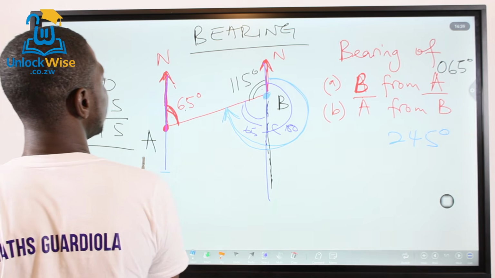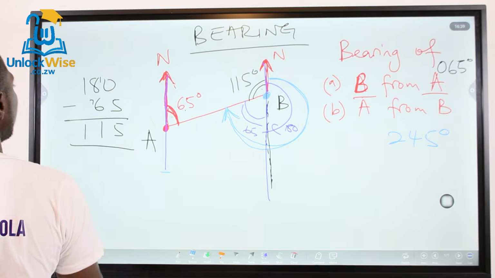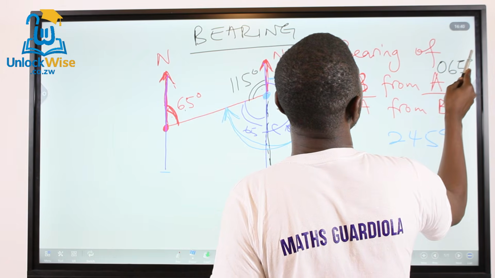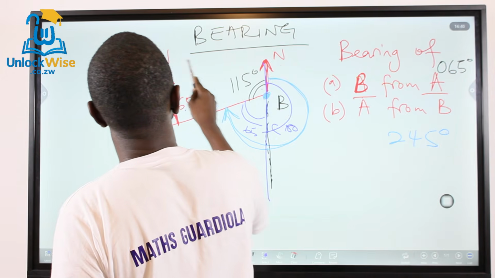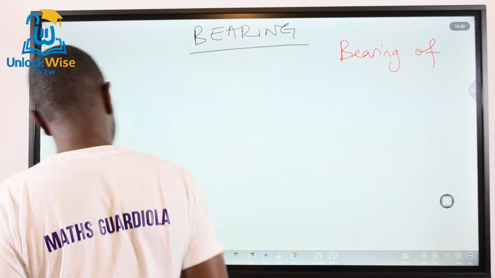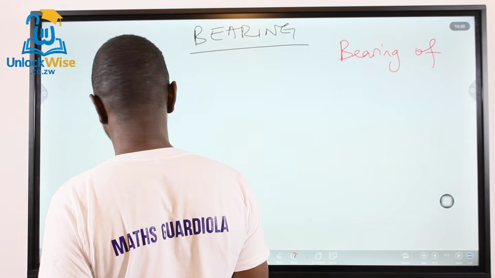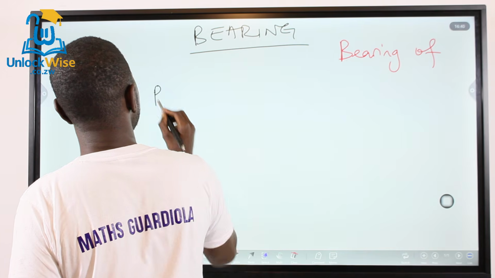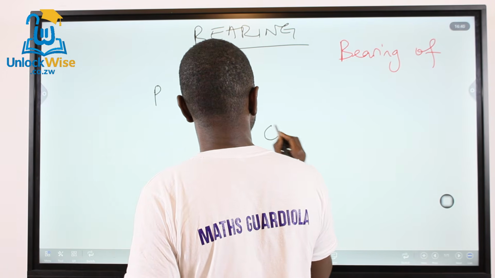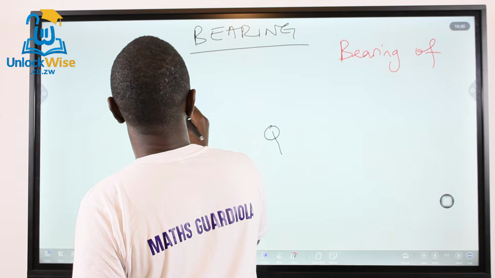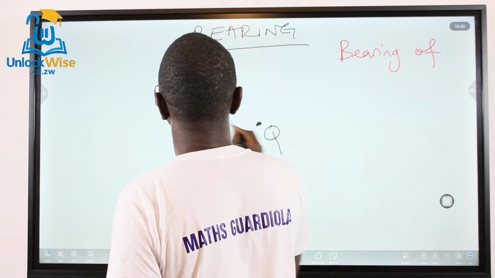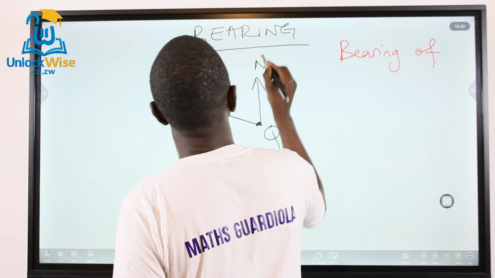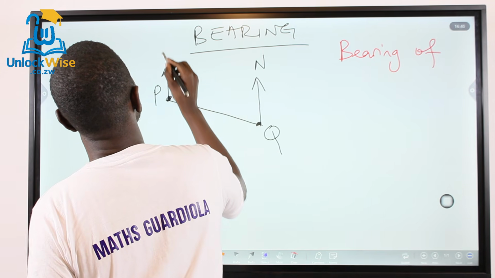Let me give you another example before I leave a question for you. We have our P here and our Q here, a point here and a point here. So this becomes our north, and this becomes our north as well.